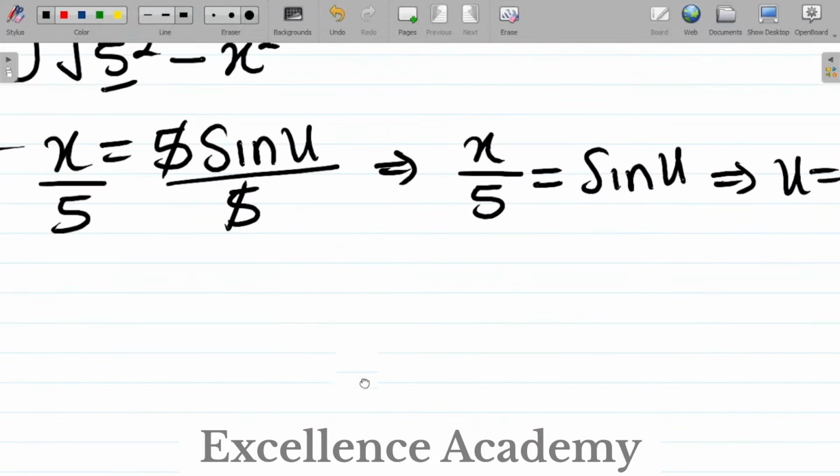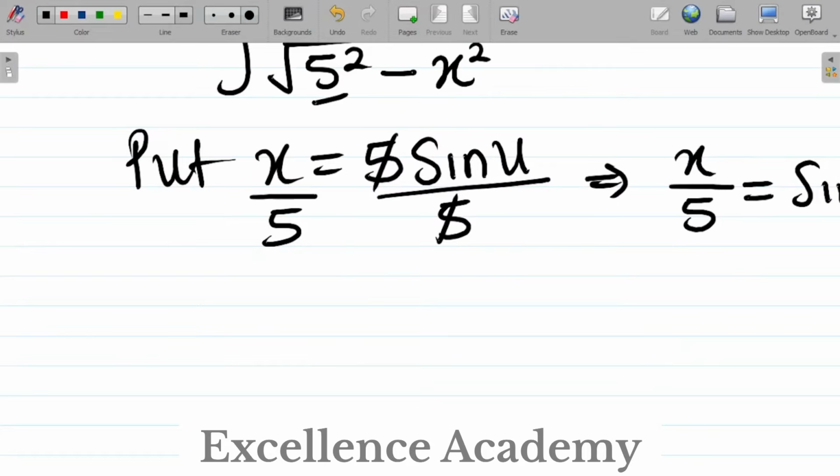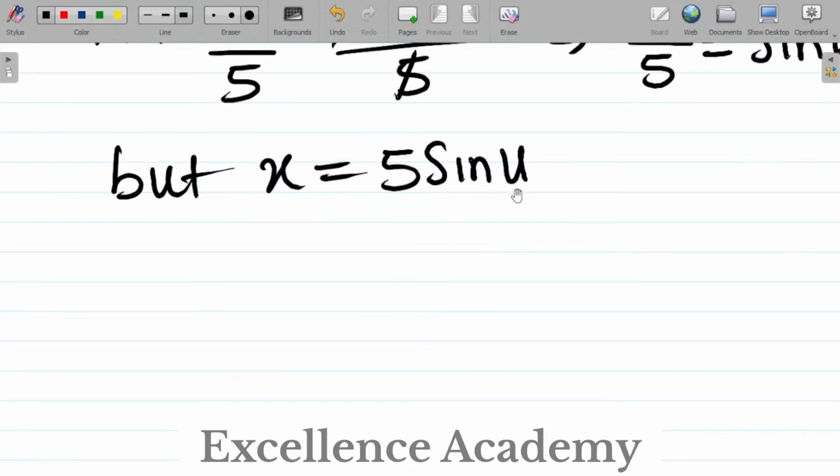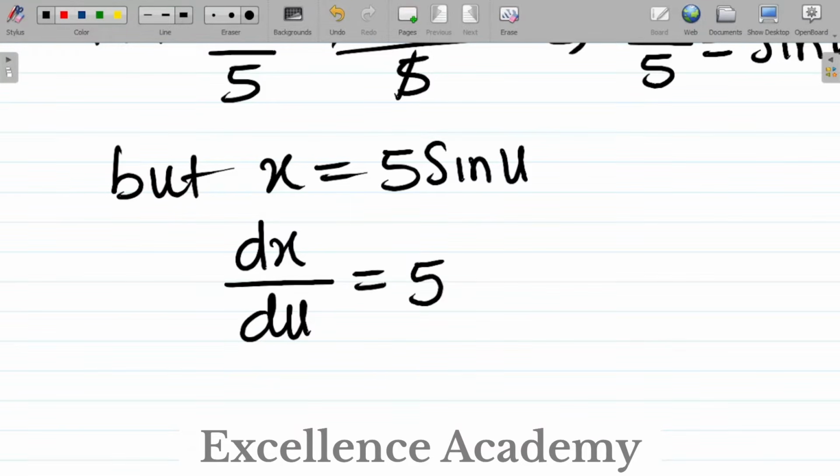Now, having got this, the next thing is to come back to your initial value. We said x is equal to 5 sine u. If I differentiate x with respect to u, I will have dx du. So dx du is equal to, if I differentiate 5 sine u, what do you get? This becomes 5. Differentiate sine u or sine anything, it gives you cos of that thing.